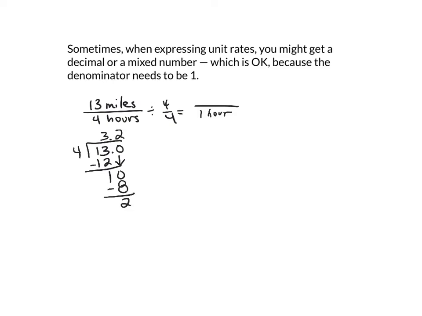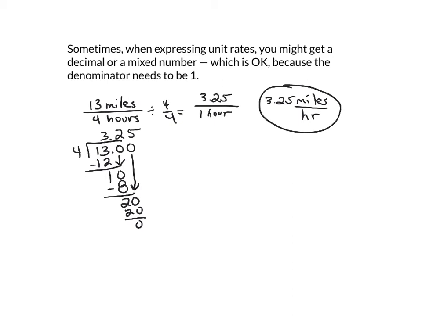I subtract, I get 2. I can drop down another 0. 4 goes into 20 5 times, and that gives me an answer of 3.25. So the answer to this would just be 3.25 miles per hour. And that might be the way that you could write the answer, 3.25 miles per hour.